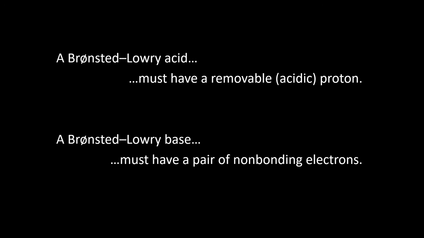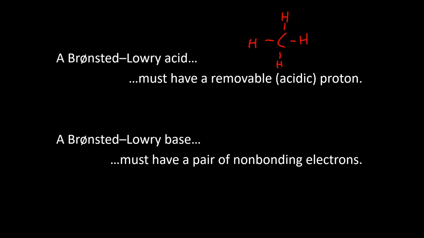Okay, so the key here is that Bronsted-Lowry acids have to have a removable acidic proton, and acidic here just means that it's removable, that it's easy to take off of the molecule, because there are lots and lots of molecules, like this one, for example. So this is methane. Methane has 4 different hydrogens that, technically speaking, could be removed and go into a solution to form H+.